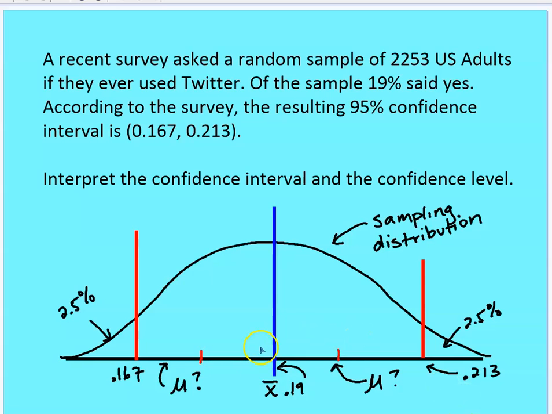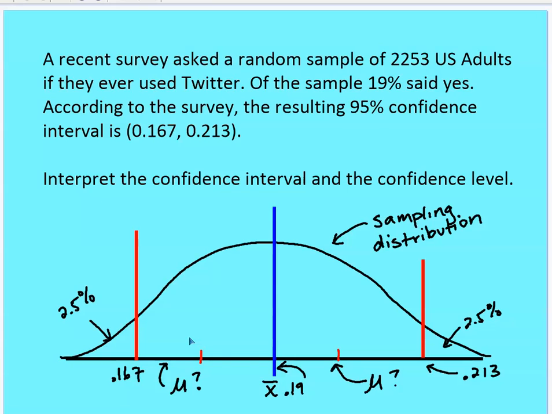that sample mean is, which is equal to the population mean, and then plus or minus 2 standard deviations to 0.167 and to 0.213. And then we said that we know that in 95% of these samples of 2,253 US adults, we're going to end up with a value that represents the population mean.